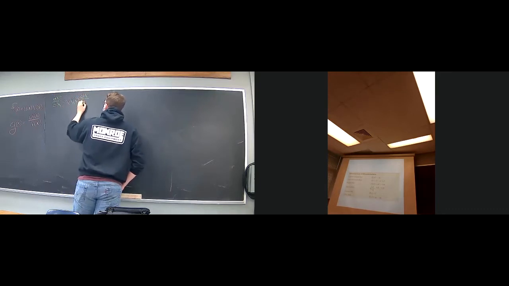This is going to come out to be u of x times dv dx plus v of x times du dx. So moving that differential dx across, we're going to get that df is equal to u of x dv plus v of x du, which is how they got the product rule here.